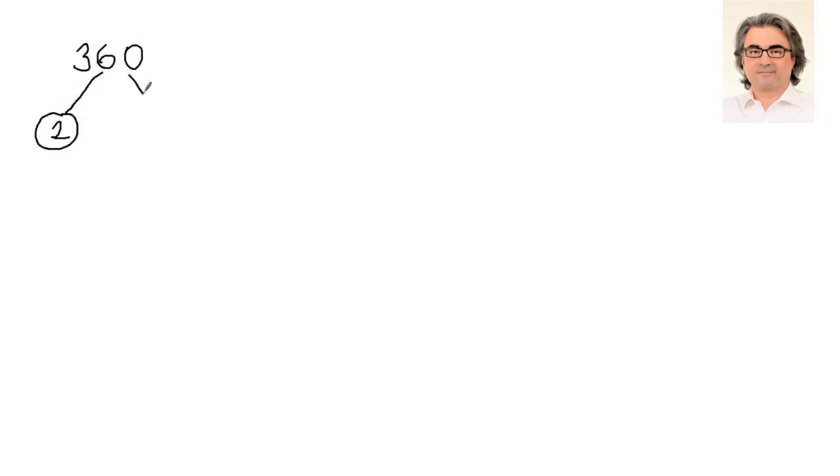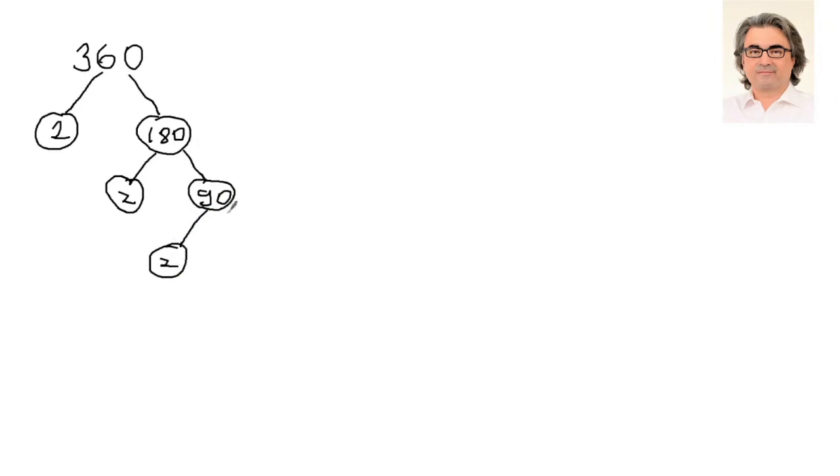So 2 times which number gives you 360? 180. What about 180? 2 is prime, so don't make any operation on it. Is it possible to divide by 2? Yes. 2 times which number? 90 gives us 180.